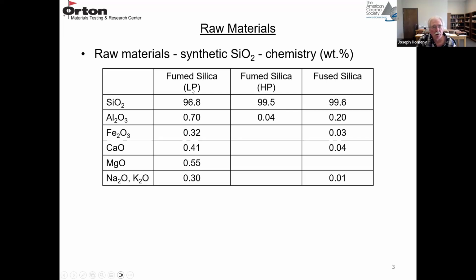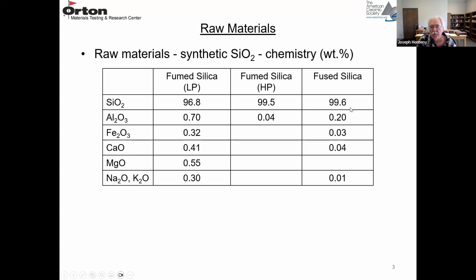So there's a low purity fumed silica and a high purity fumed silica. The high purity is 99.5% silica, and the lower purity is about 96.8% silica. And the same impurities are present: alumina, iron oxide, calcium and magnesium oxides, and then the alkali, sodium and potassium oxides.